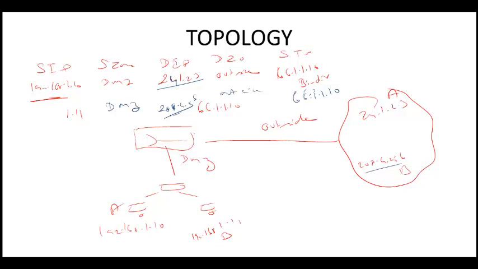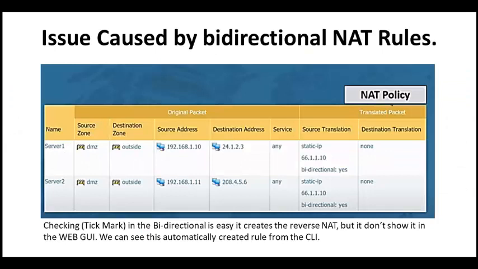And now there is a problem in this. See, we are trying to understand the issue caused by bidirectional translation. This is what we just did. The packet is coming from the DMZ zone, going to this destination via the outside zone. This is the mapped address, static IP, and bidirectional is enabled.